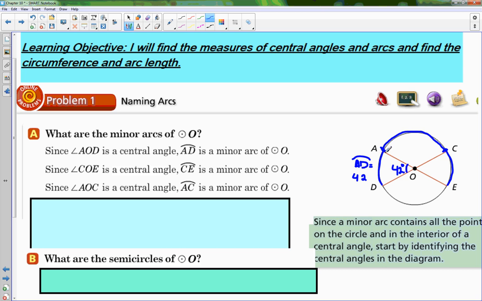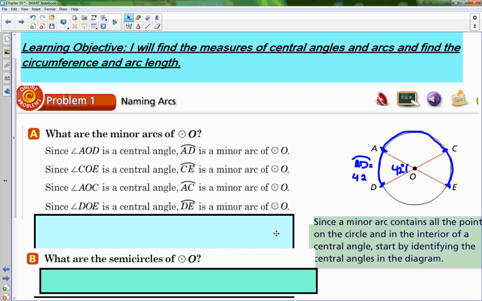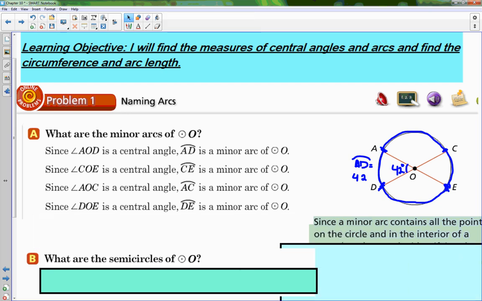Still a minor arc. Okay, and then DOE. So that's DOE. And those are the minor arcs.